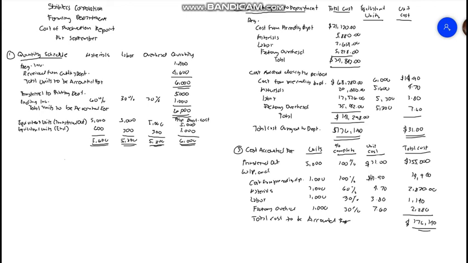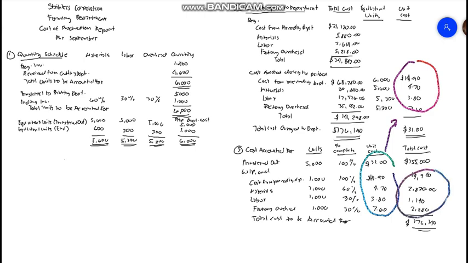Remember, everything is related to one another. This one we got from here. When you add this up, this is the total work in process end. This one and this one are equal, and this one and this one are also equal. You also need to compute this one at the very beginning, because you will be using it here.